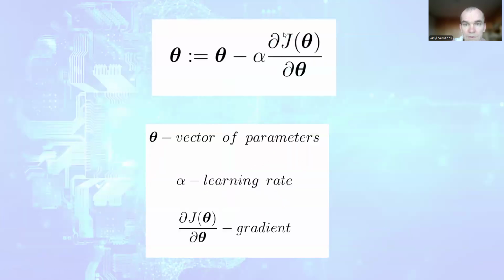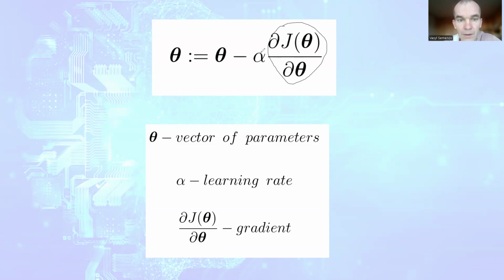So, for example, I have a cost function J depending on parameter theta, and at every step of gradient descent I change this theta in the direction opposite to the gradient of my cost function. Here is the gradient, and I'm making a step in the opposite direction.